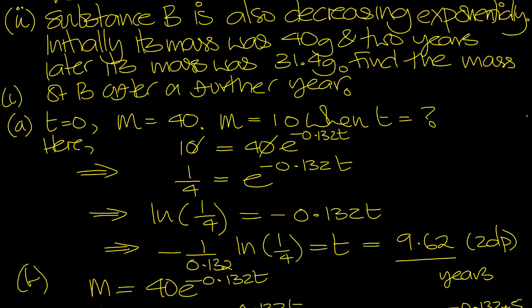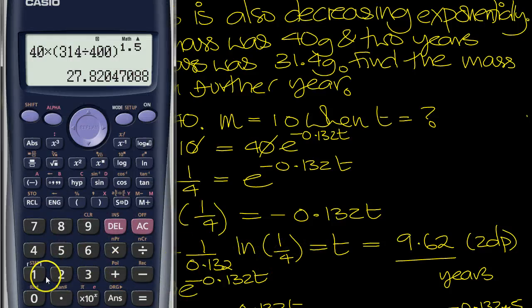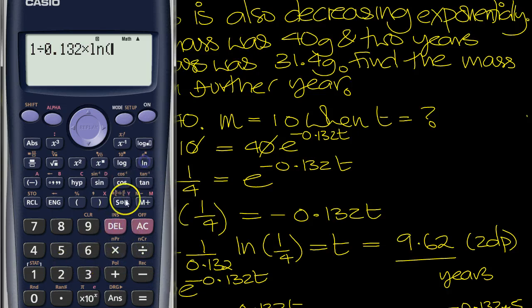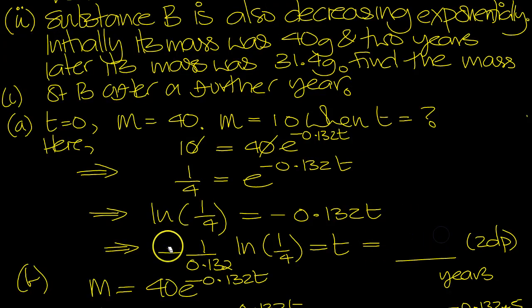So let's tap it in the calculator. 1 divided by 0.132 times ln of 0.25, 1/4. And don't forget there's a minus at the front of it. So minus the minus is 10.50. That minus I didn't put in, so it becomes a plus, and it was 10.50 to 2dp.